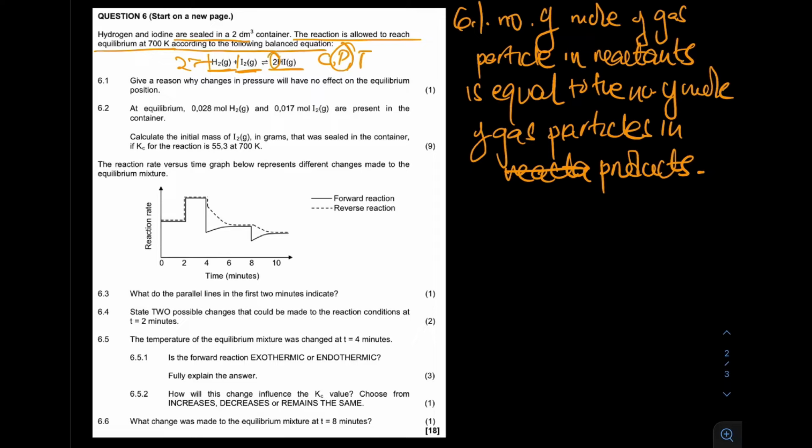Once the number of moles are equivalent in products and reactants, there will be no effect on the chemical equilibrium position by pressure.